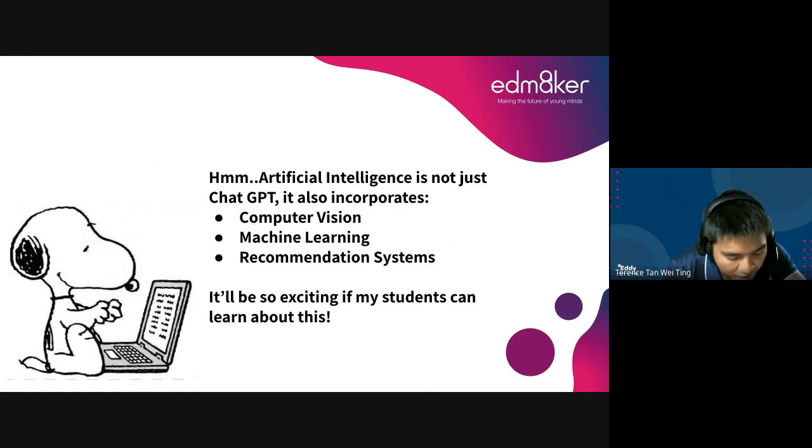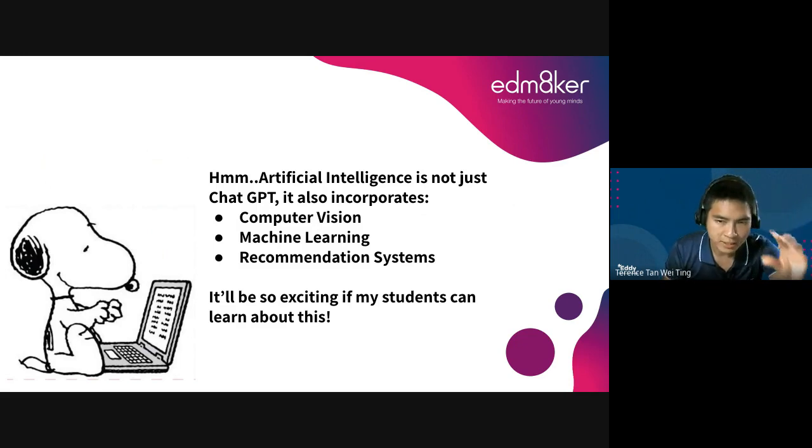So artificial intelligence, like I mentioned, a lot of students may think that it's just about ChatGPT, it's just about large language models, but there's so much more to it. And unpacking all the different aspects of AI is going to take up more than the 1 hour that we have here. But for now, I like to leave it that artificial intelligence involves things like computer vision, machine learning, building recommendation systems, and all of these different applications of AI, and I use the word applications in a very specific way.